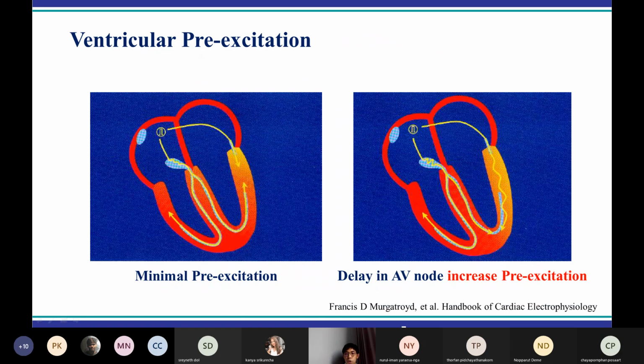But if you could increase the delay in AV nodal time, or you could block the AV node, most of the signal would go down to the ventricle via the accessory pathway. This could increase the pre-excitation. You could see a more prominent delta wave, and you could see a wider QRS complex. So if you do anything to delay the AV nodal conduction, there would be more and more pre-excitation for you to see.